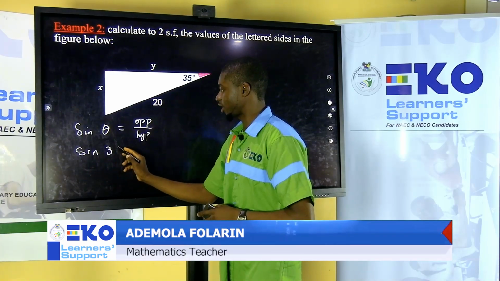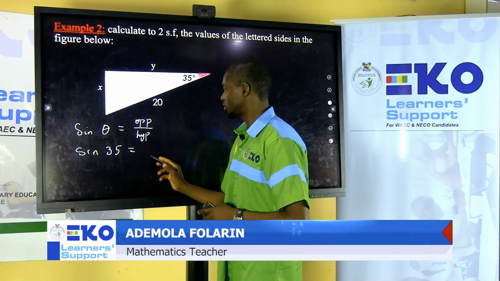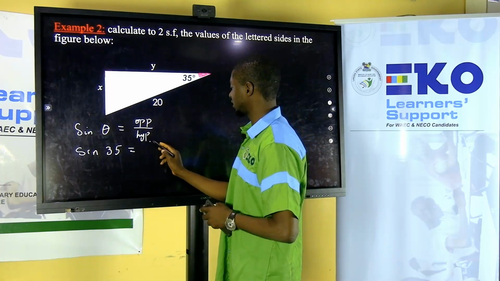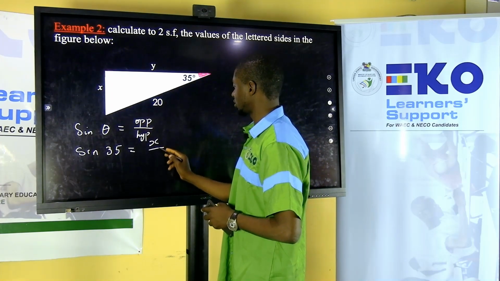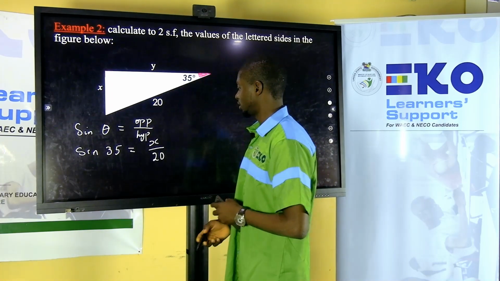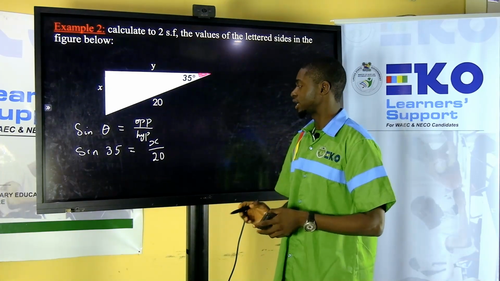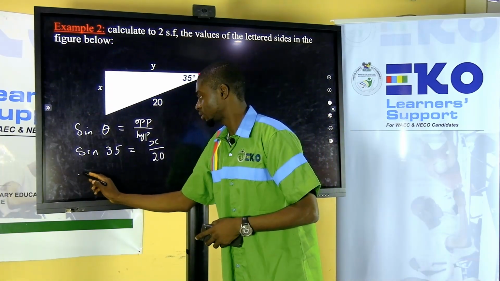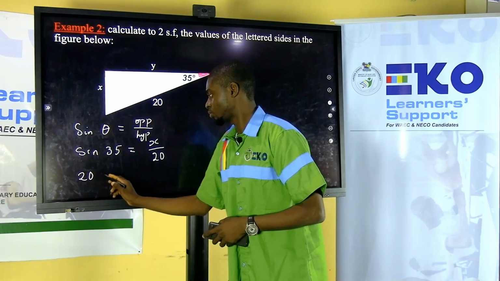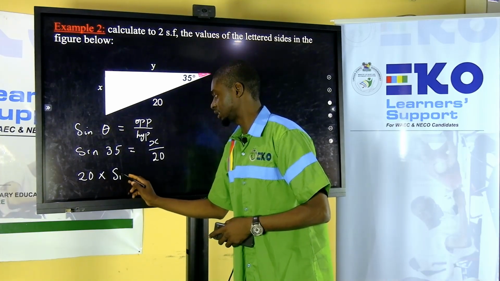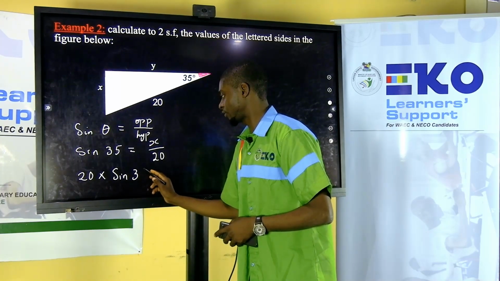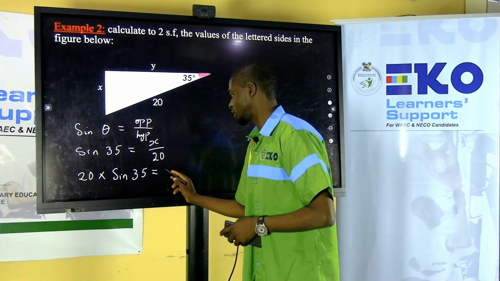Which then means sine 35 degrees equals the opposite, which is x, over 20. So here we multiply 20 by both sides, then we'll be left with 20 multiplied by sine 35 equals x.